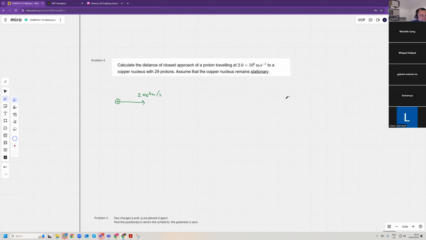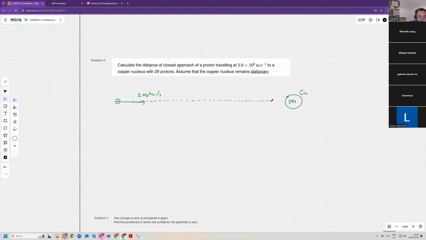And there is a large copper nucleus. So copper nucleus has 29 protons. We assume that the copper nucleus remains stationary. The proton will travel towards it, but it will slow down as it is repelled.